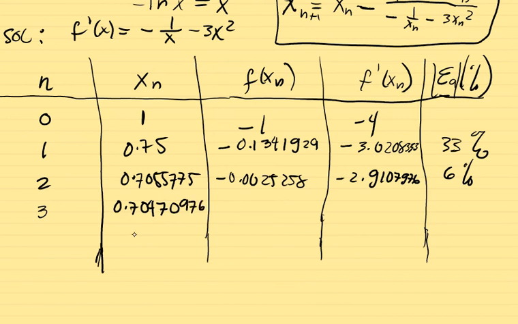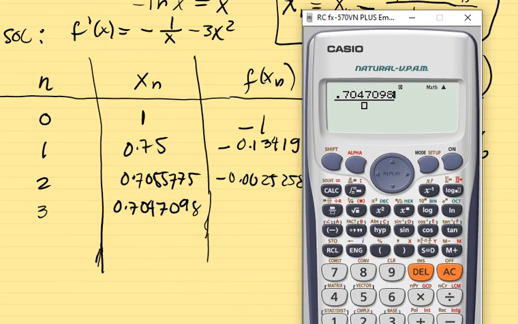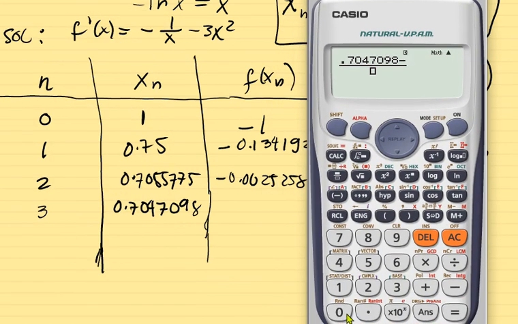0.7047098. And if we solve for the approximate error before we go through, we just check first: 0.7047098 minus 0.7055775 times 100.